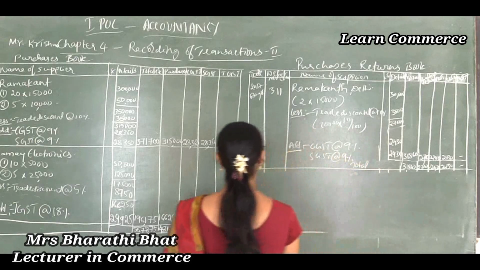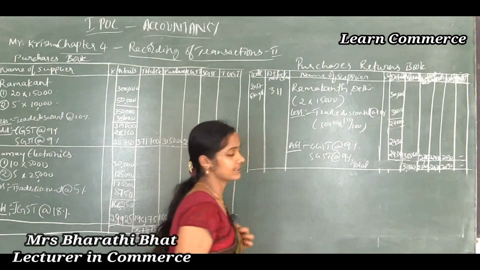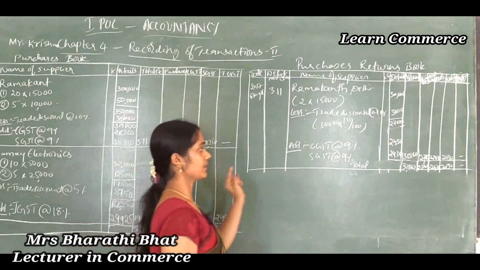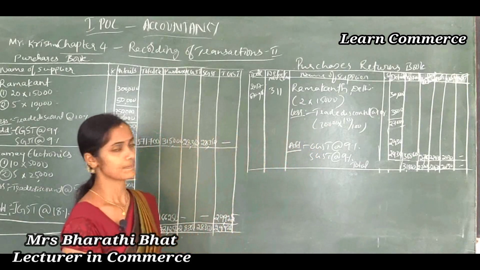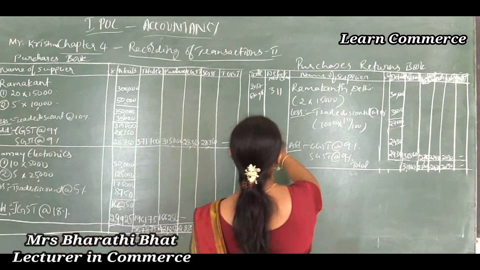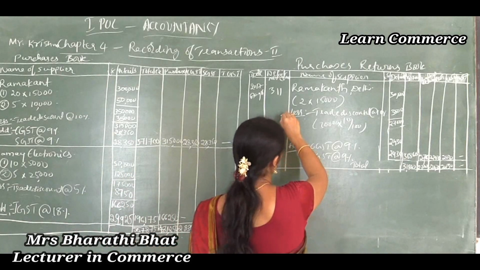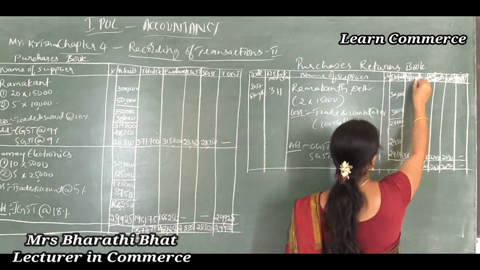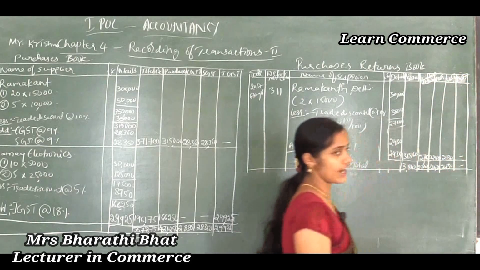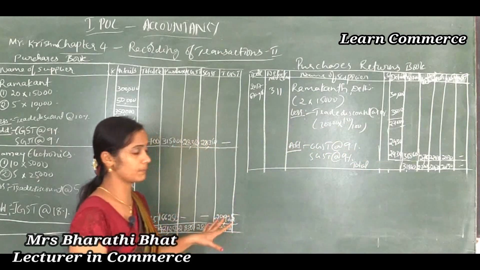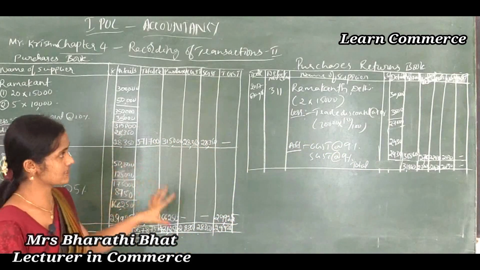One item, name of supplier, trade discount will be deducted. We have to add CGST and SGST to the concerned amount. Here date, debit note number, not invoice number, name of supplier, details, total, purchase return column, CGST, SGST and IGST. So this is how we can prepare purchase book and purchase return book.